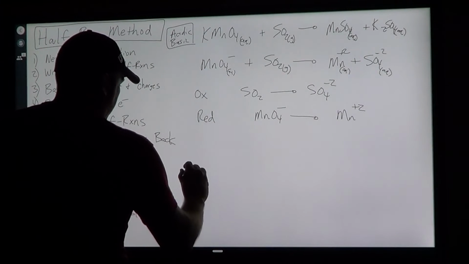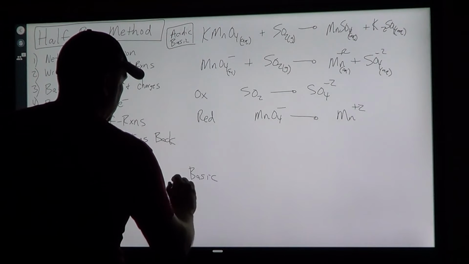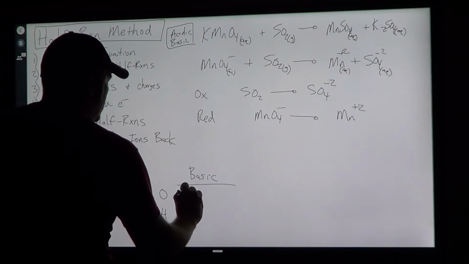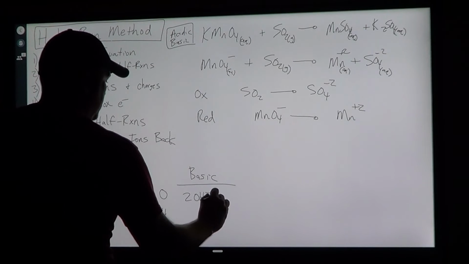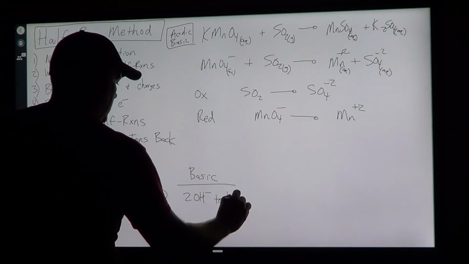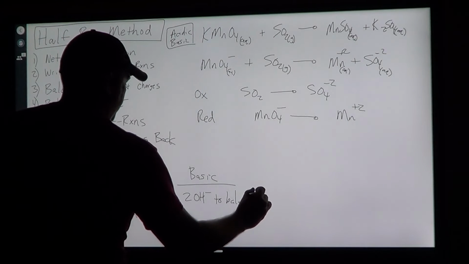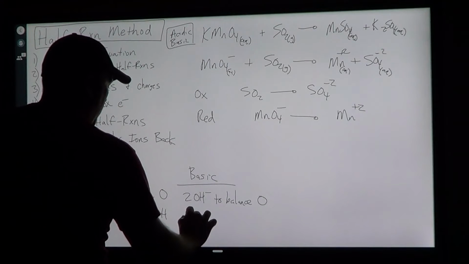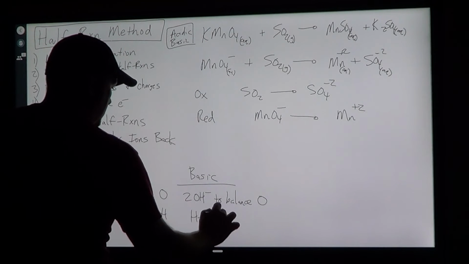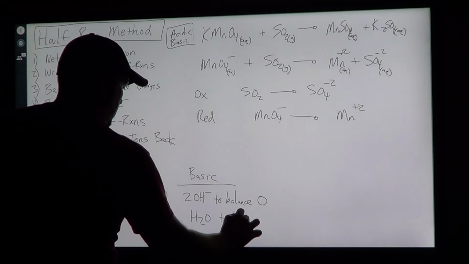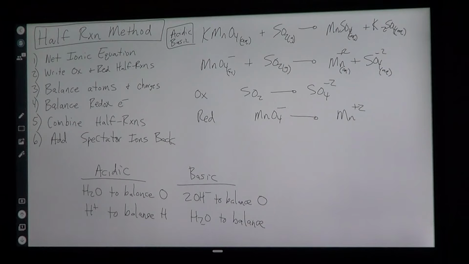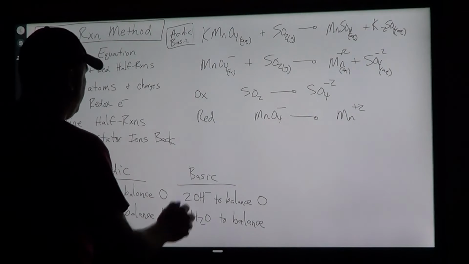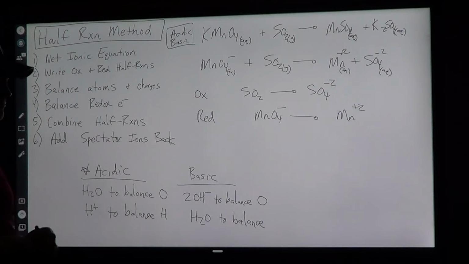If it's basic, you want to add twice the OHs to balance the oxygens, and then you add waters to balance the rest. Okay? So on this step right here, we're going to assume we're doing acidic solution.